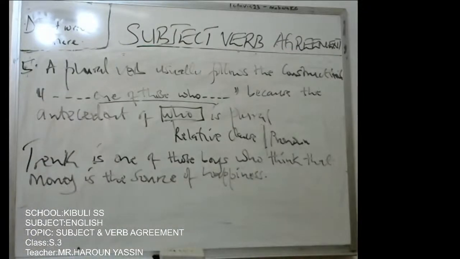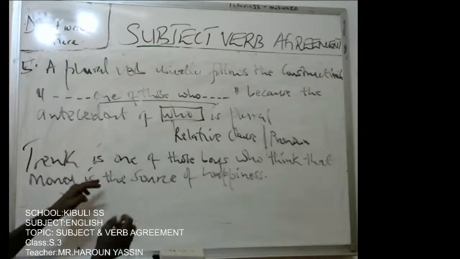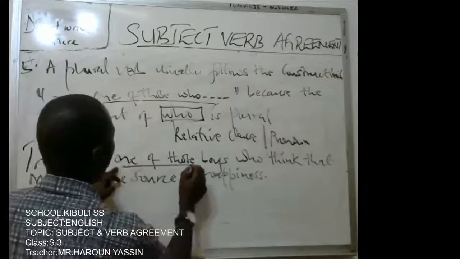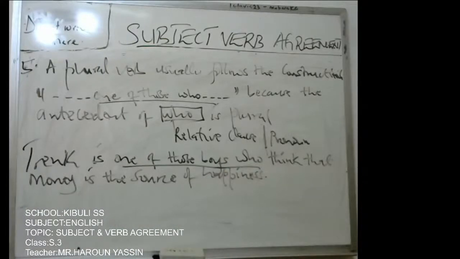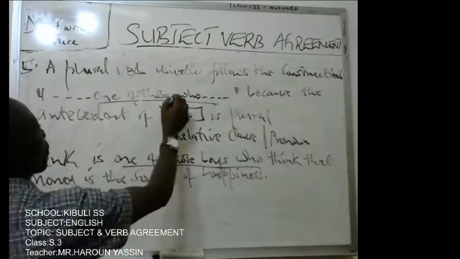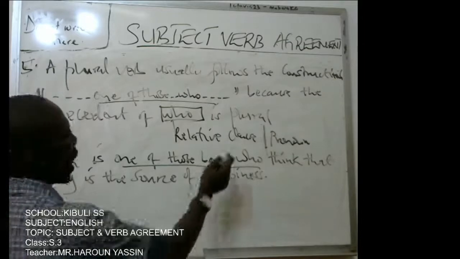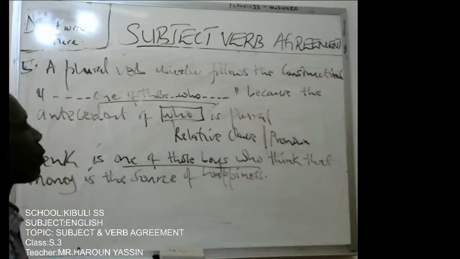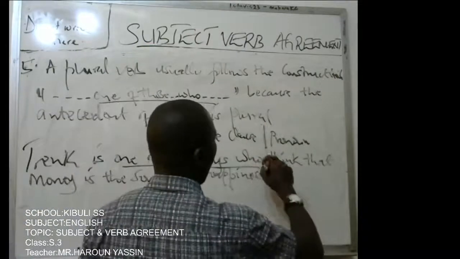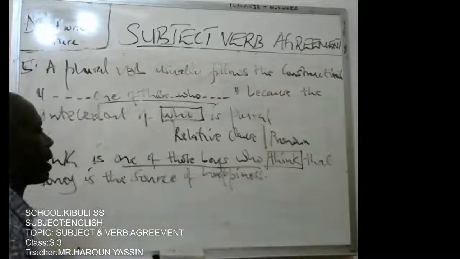So the construction I'm talking about is this one here, but here I have only added in the word "boys." Since we have got "who" and we've said the antecedent of "who" is plural, we are going to have a plural verb, and in this case the plural verb is "think."